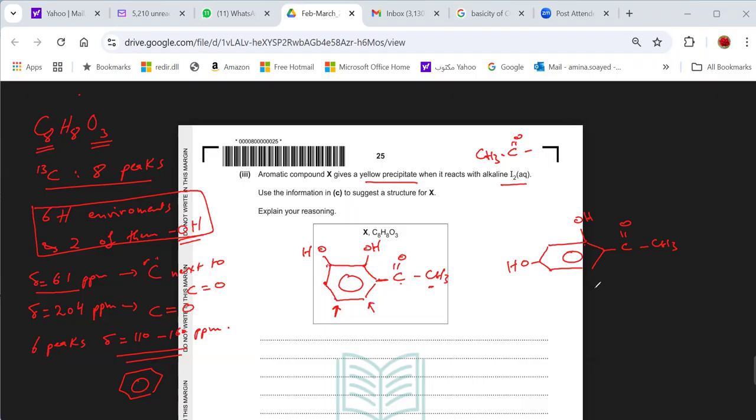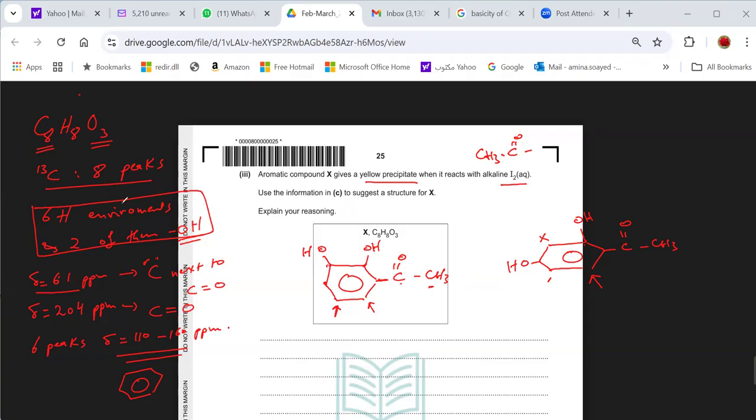When we look at this structure, we see that this carbon, of course, is different than the 3 others. If we look at this, it's different from that, different. And this one is also different from the others. So you can draw either this structure or that structure. Both are correct.